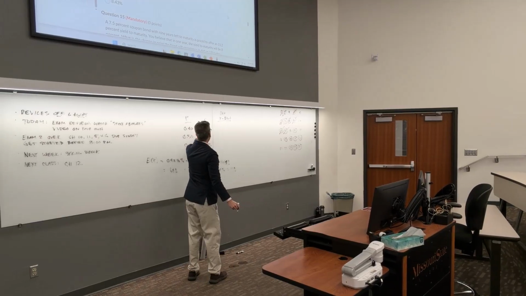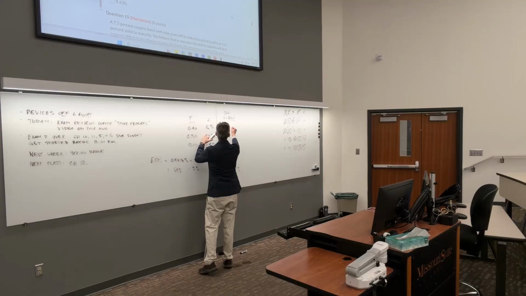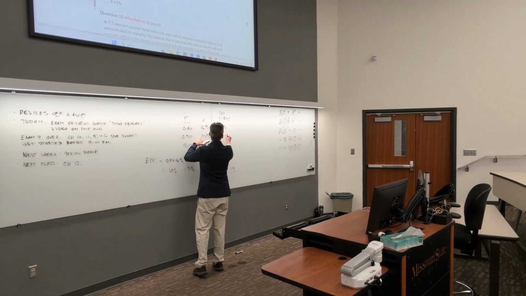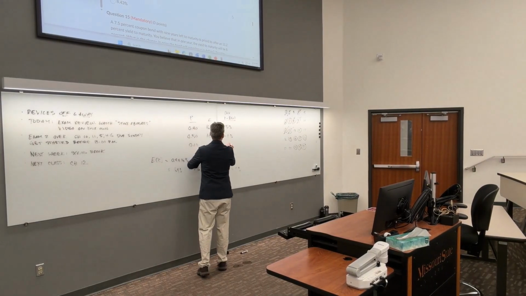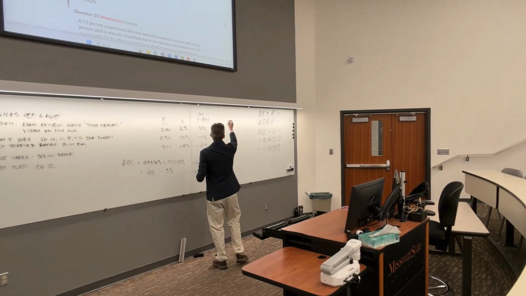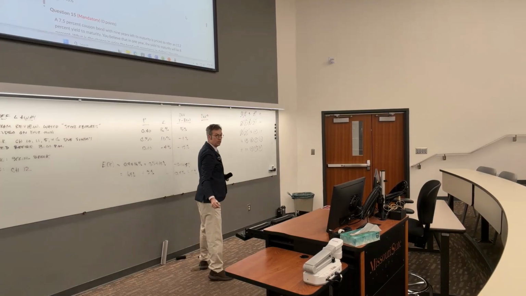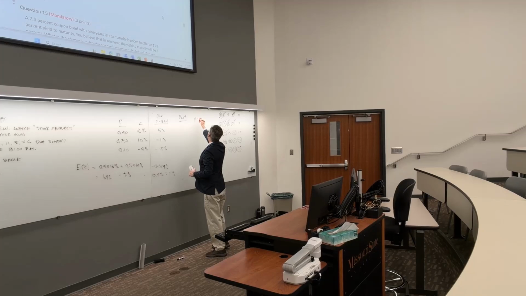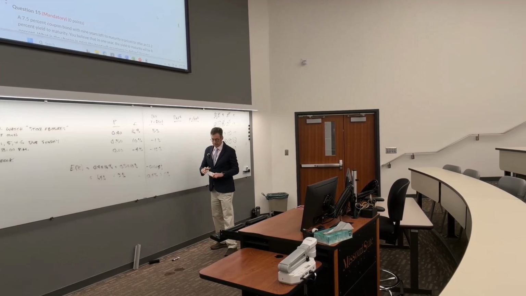And so 16% minus 11% will give us 5%. 10% minus 11% will give us minus 1%. And minus 4 minus 11 is minus 15%. Our next step will be to square that deviation. And then our final step will be to take the probability times that squared deviation.